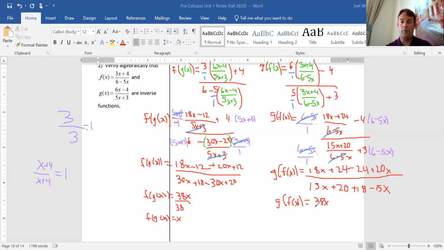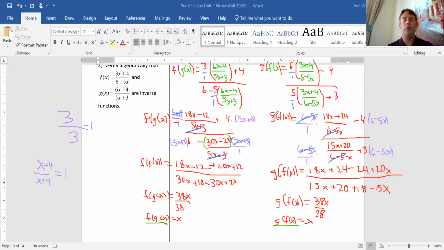I should be left with 38. So again, you see that g of f of x equals x. So now, right here, we have y equals x.